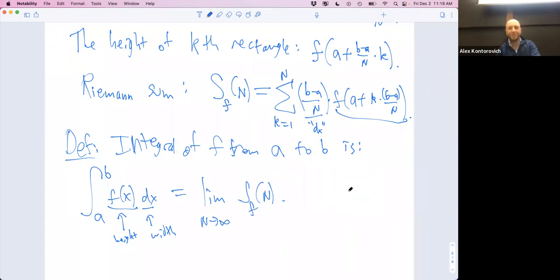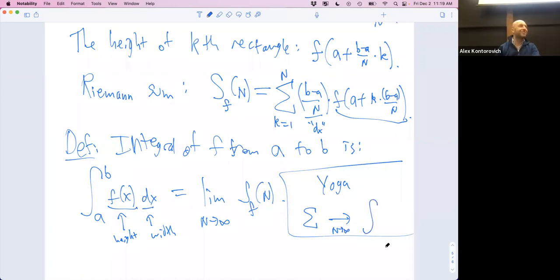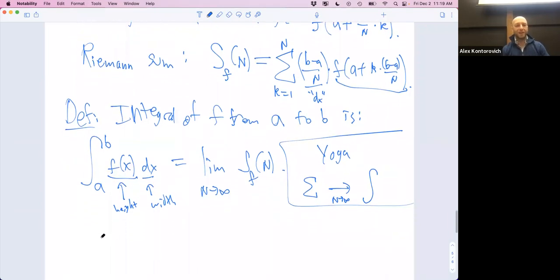Okay, so these finite sums, so the yoga is that finite sums from sigma notation, this is a Greek s, converge as n goes to infinity to an English S, which is the integral. So this means we could have written all those previous areas as, so this area from above is the integral of (1 plus x squared).